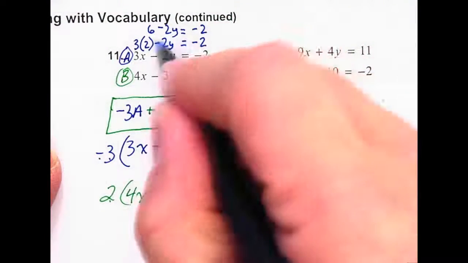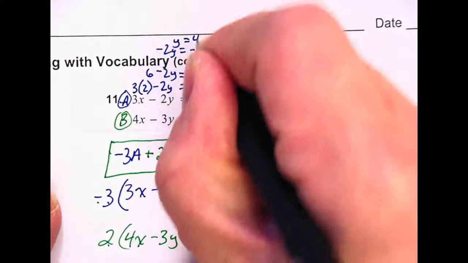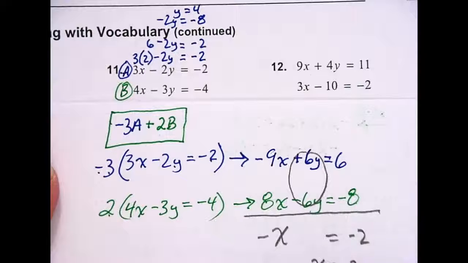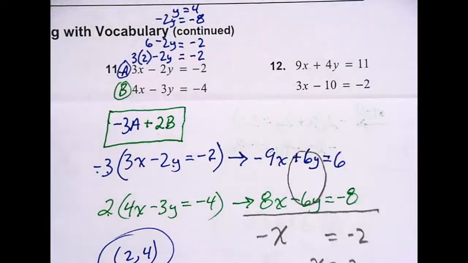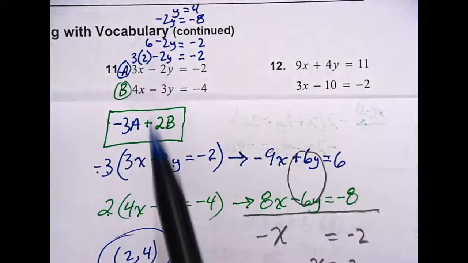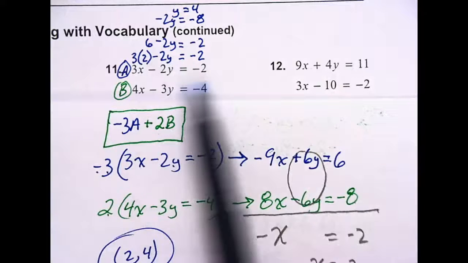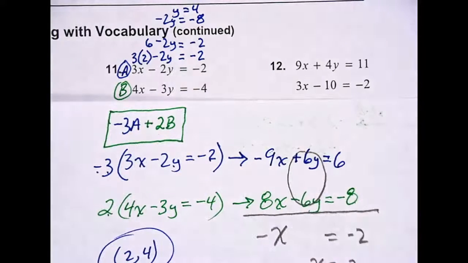Then we subtract our 6, so we get negative 2y equals negative 8, and y equals 4. Alright, so we now have the ordered pair (2, 4). And then we can test it, make sure it works out. Put that 2 in, so that's 6 minus 2 times 4 is 8, is negative 2, and 4 times 2 is 8, minus 12 is negative 4.